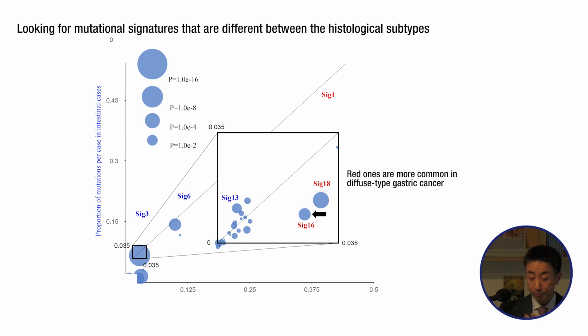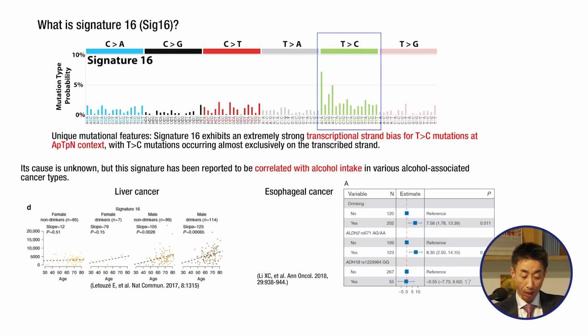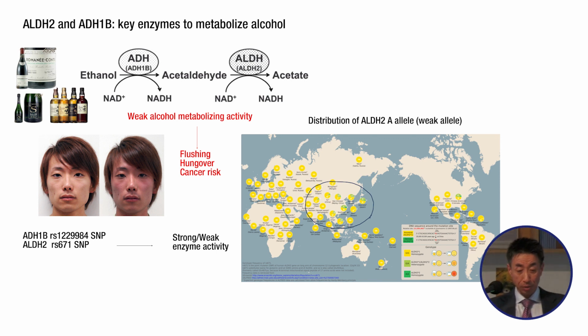Next, I tried to understand what signature 16 is associated with. I have to skip some parts. This signature is associated with the East Asian population and the diffuse type of gastric cancer. So what is signature 16? It is more associated with alcohol intake, actually.